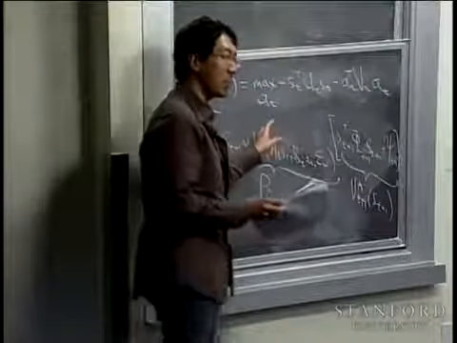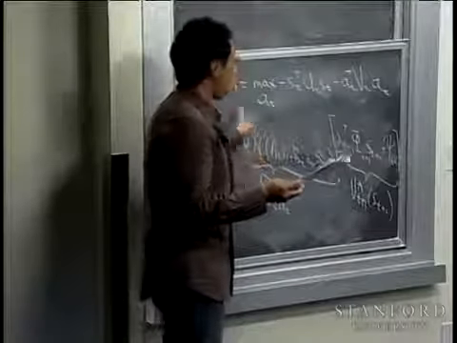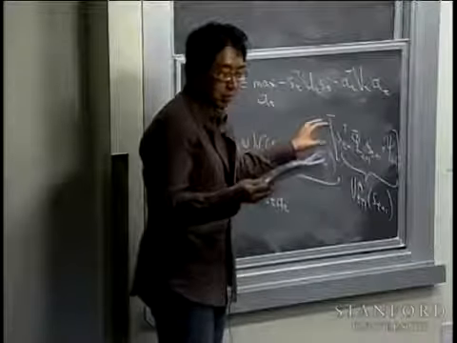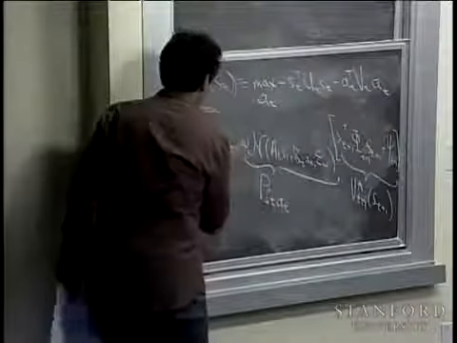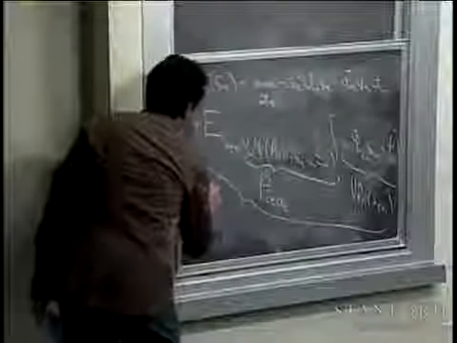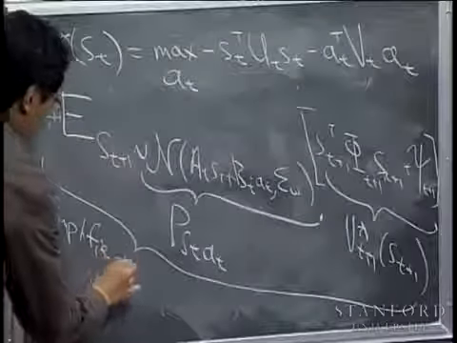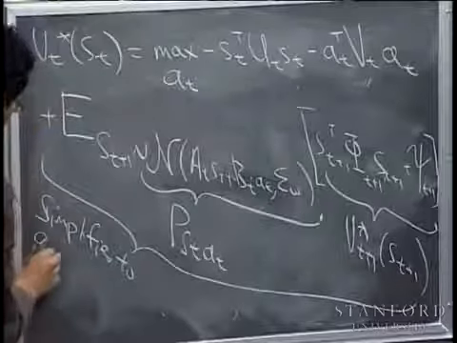I know you've done this many times by now, so I won't do it. This whole thing on the right-hand side simplifies to a big quadratic function of the action at.